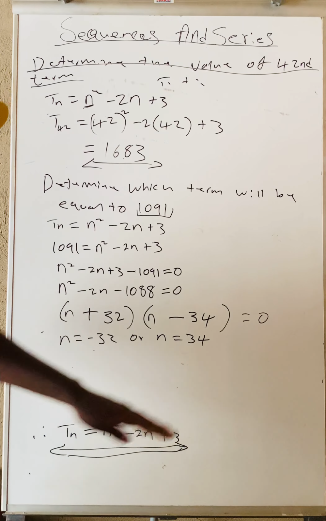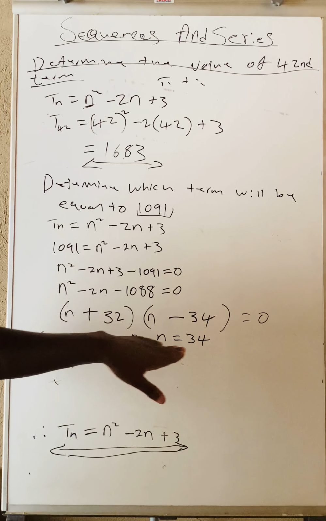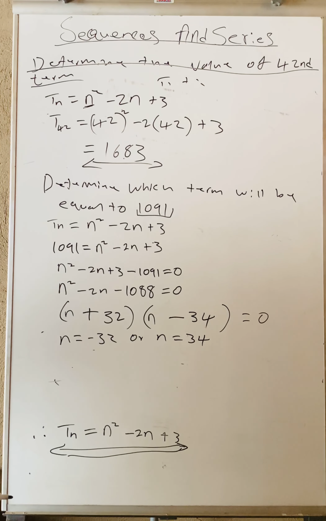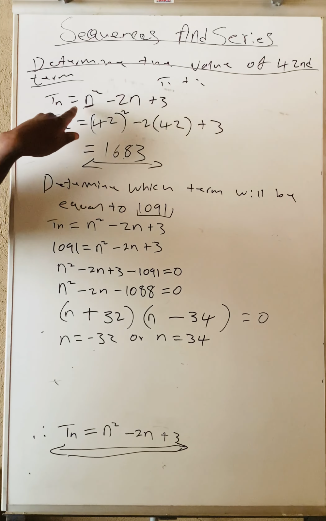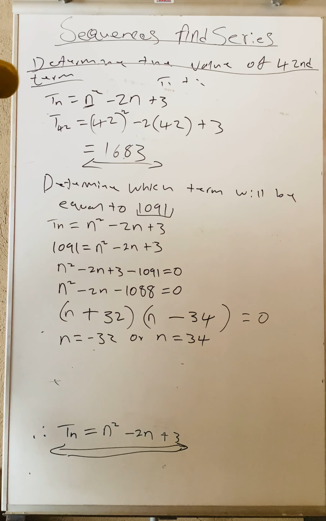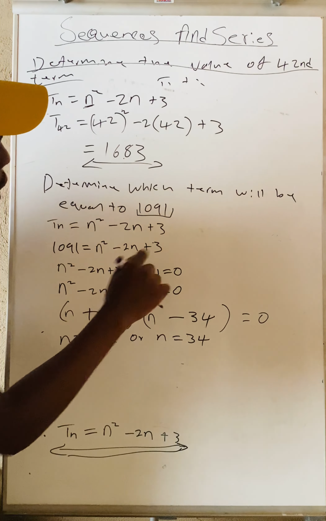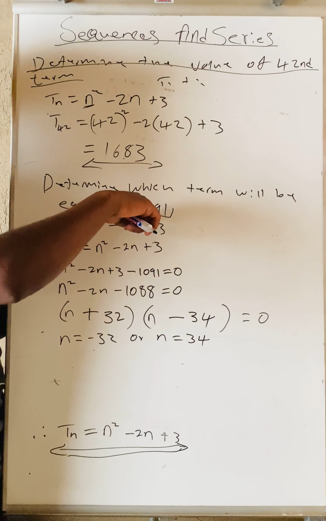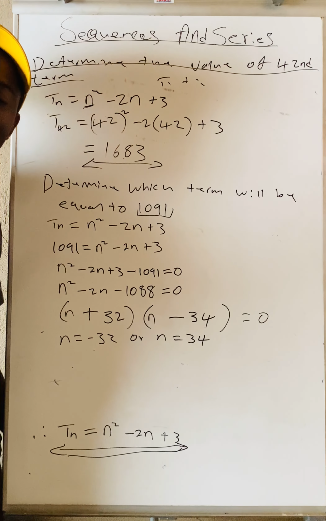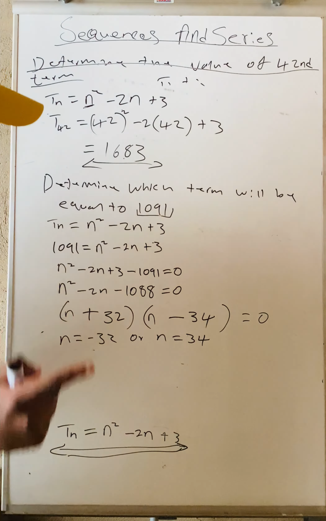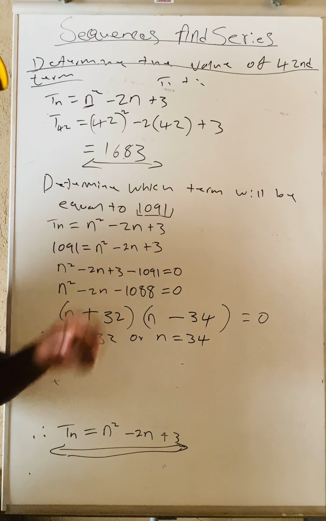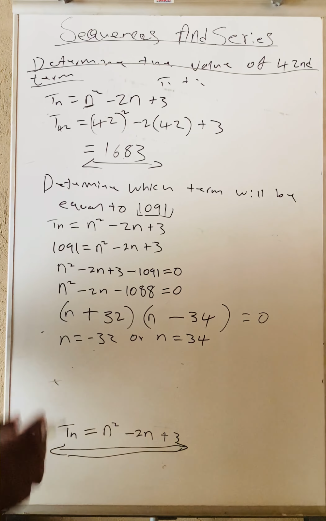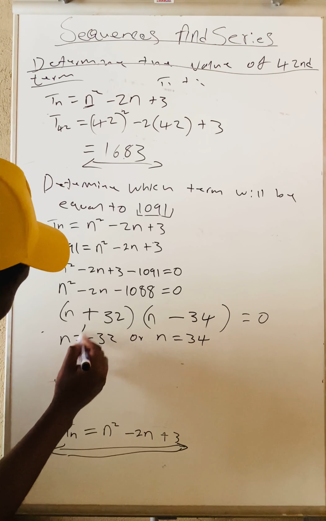Right? From here, you take these numbers, substitute them, right? You substitute them on your general term, right? If they give you 1091, it means that term is what is equal to 1091. If it's not, it means you do something like this.